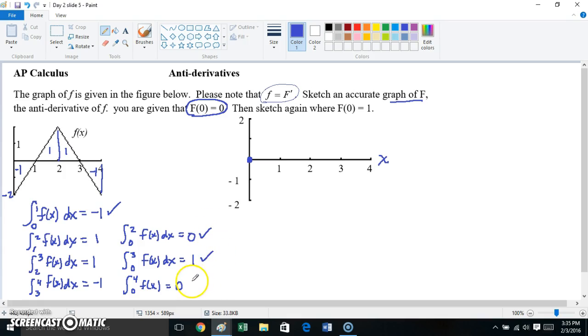So we're going to plot these values. Negative 1, 0, 1, and 0. All right, now some other things that you can tell about your function because you are looking at the derivative.